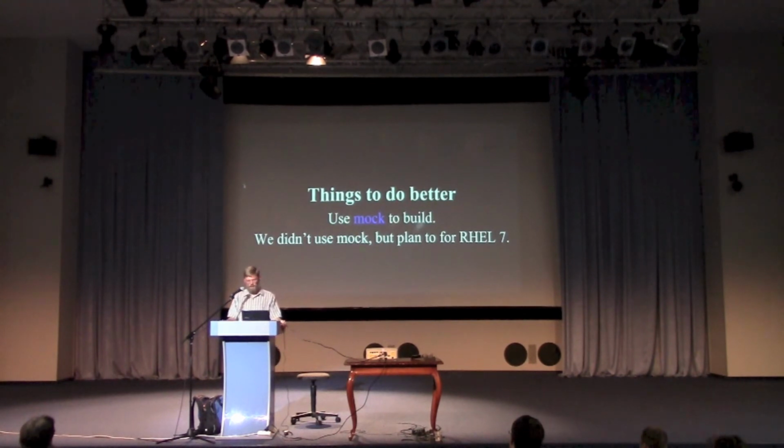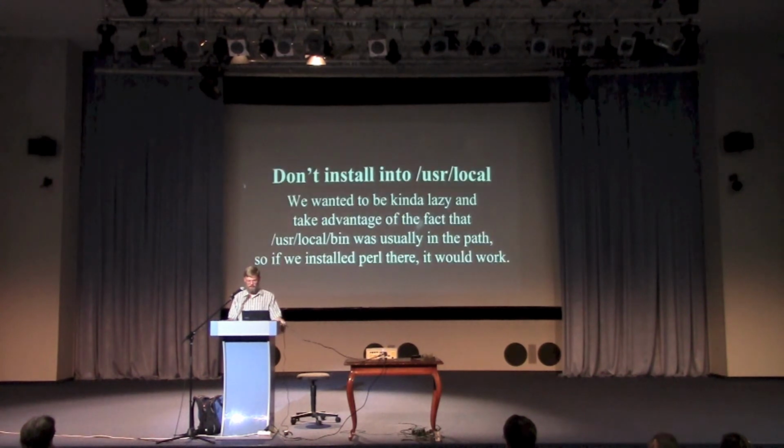Another thing was, in the RPM building world, there's a tool called mock, which sets up a chrooted environment for building RPMs cleanly from scratch with a minimal environment, so that you don't accidentally have unknown dependencies on your build system. We didn't use mock long ago when we started with RHEL 4, and we just kept doing things the same way. Now we would definitely use mock, and we plan to do that when RHEL 7 comes out.